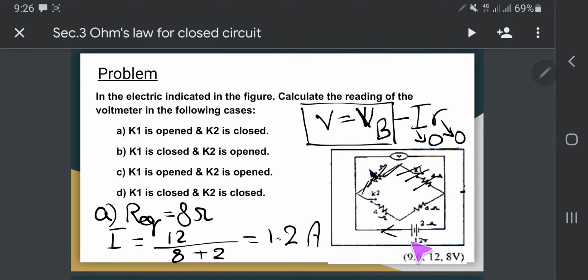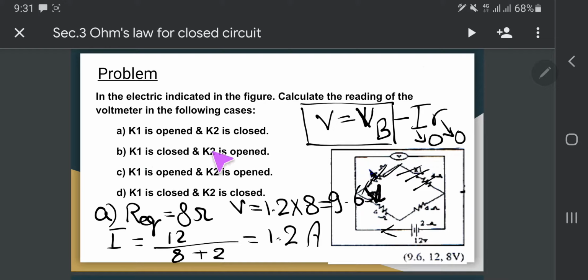Calculate the reading of the voltmeter. V equals IR, so V equals I 1.2 times R 8, equal 9.6 volt. Okay. Number B: K1 is closed and K2 is open. Inversely, the current passes through the closed branch, K1 closed.